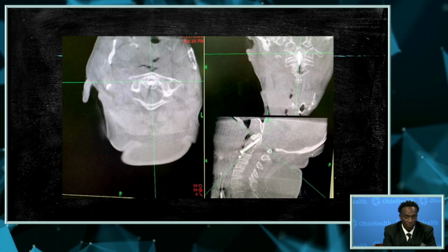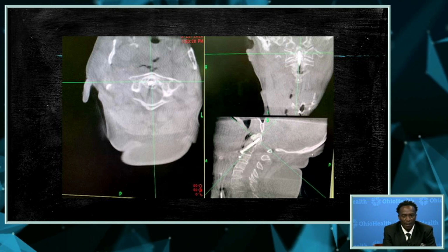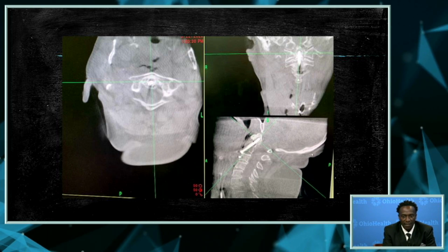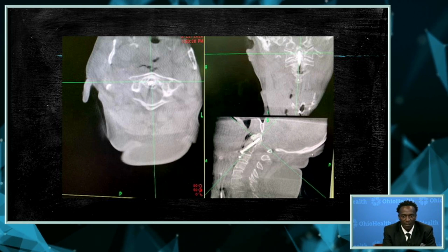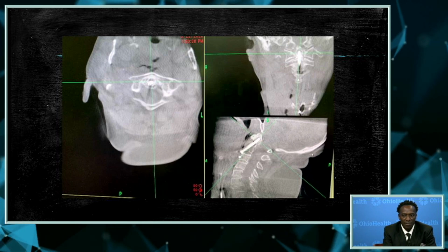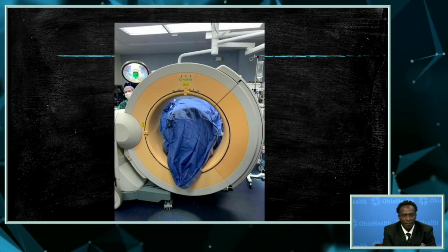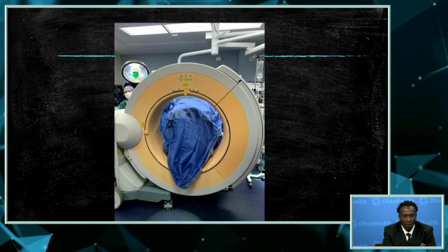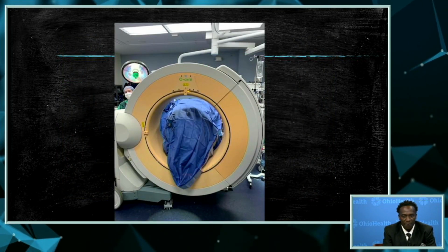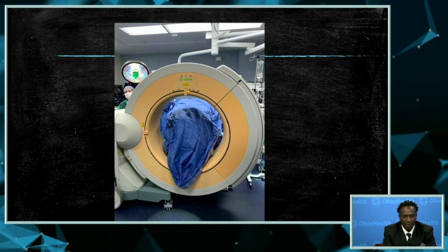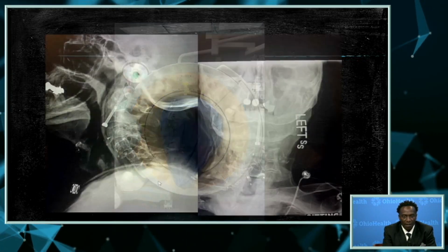Now, this is an odontoid screw that we put in under stealth neuronavigation, and you can see that you can put these screws very well with stealth and very accurately. And this is the setup in the OR. These patients are in a Mayfield, and the stealth reference frame is put on the Mayfield.